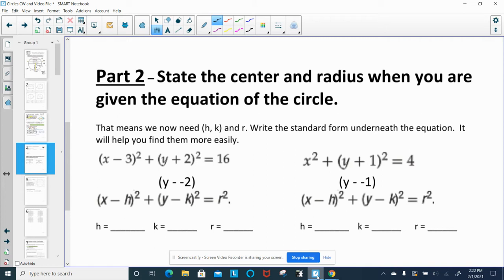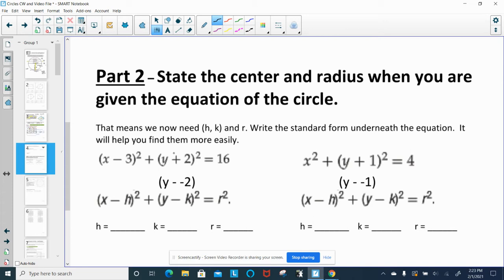The first one, I've actually typed the standard form equation: (x minus h) squared plus (y minus k) squared equals r squared. Remember I talked about how it looked like the sign was changing from positive to negative or negative to positive, and that's because of this subtraction sign.